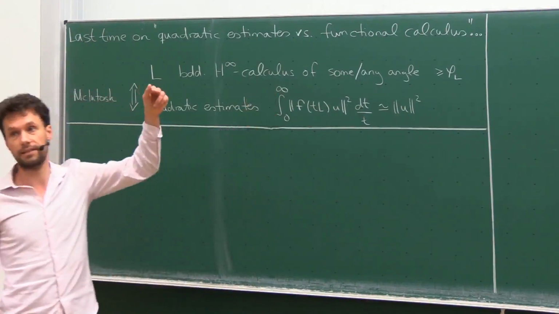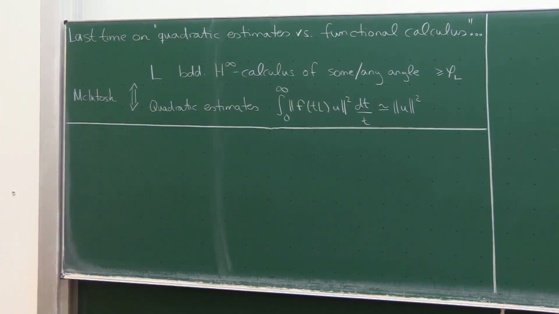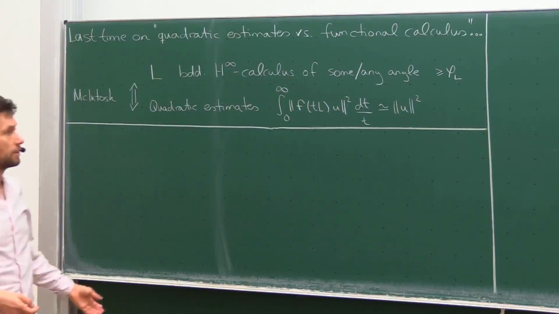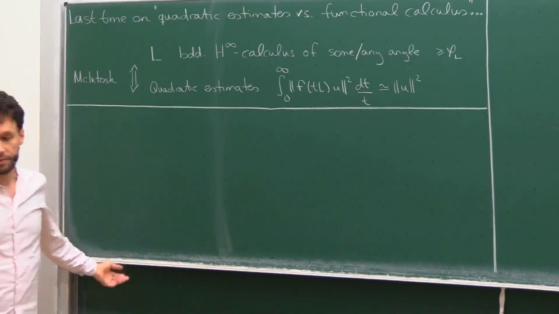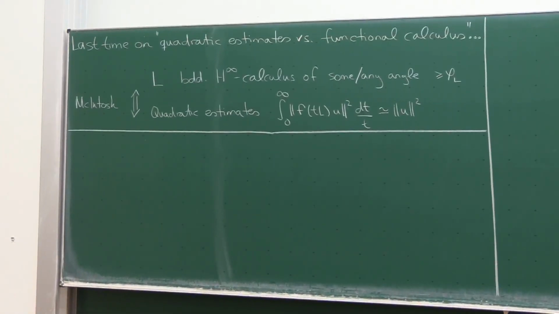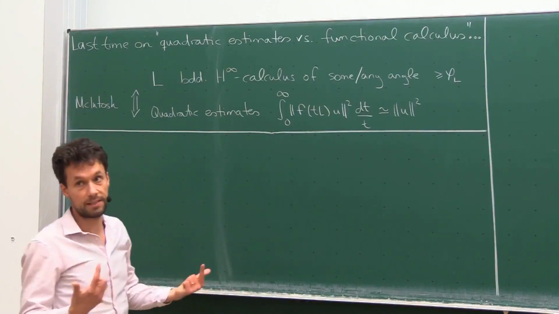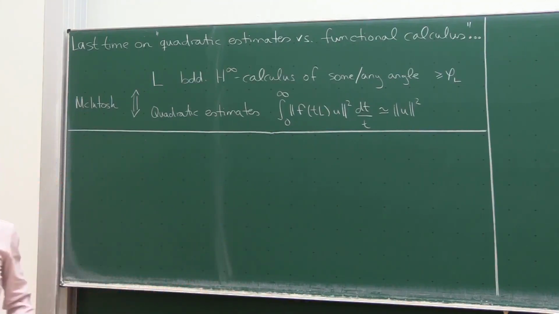This is reflected in the fact that the notion of bounded H-infinity calculus is independent of the angle larger than the angle of sectoriality phi of L, of course. That was one surprising thing, besides the characterization of H-infinity calculus through something that heavily smells like Fourier analysis in the first place.